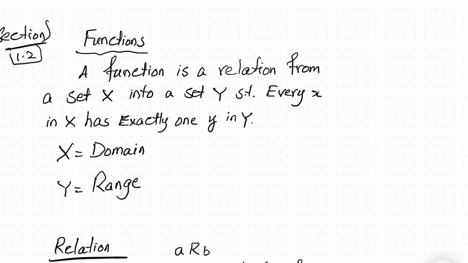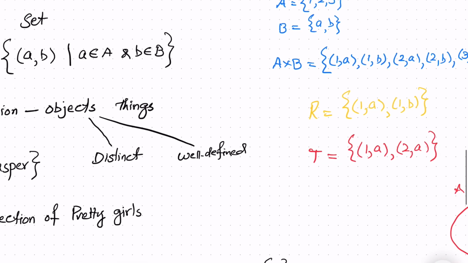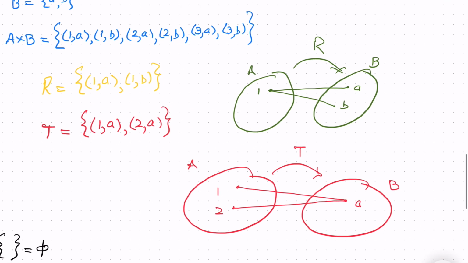A function is a relation from a set X into a set Y such that every x in X has exactly one y in Y. Every x, so you have to note every and exactly. These are the two words you should emphasize. Now have a look at these two and see which one you think is a function.